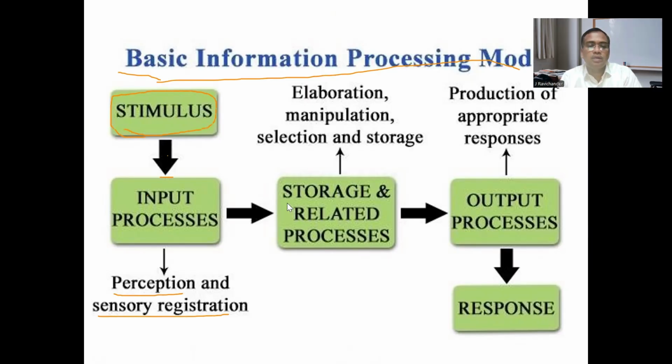Then comes storage and related processes, where we can elaborate, manipulate, select, and store. Then the signal is given to the output process, which produces appropriate responses. So this is the basic information processing model of the brain.